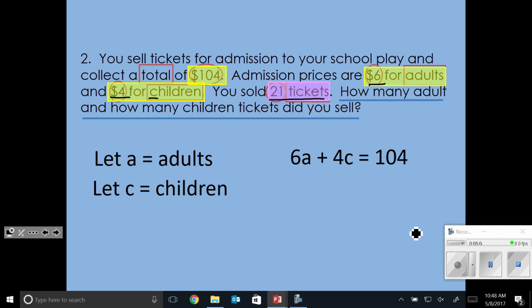So you have A plus C, the adult tickets plus the children tickets, and that was just a total of 21 tickets. Because you don't have A or C solved for, you need to pick A or C and solve for it, and then you'll substitute that in to the other equation and solve.